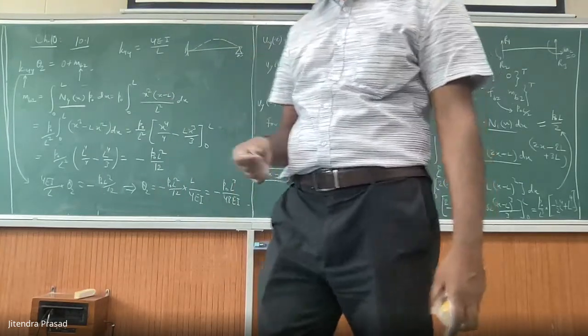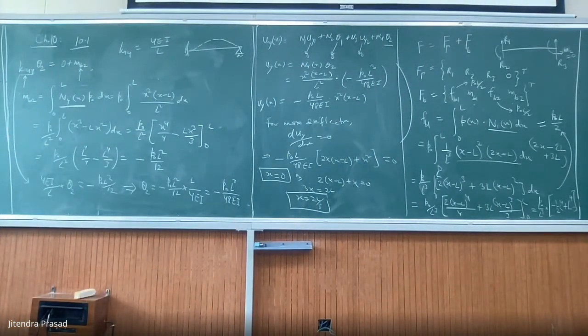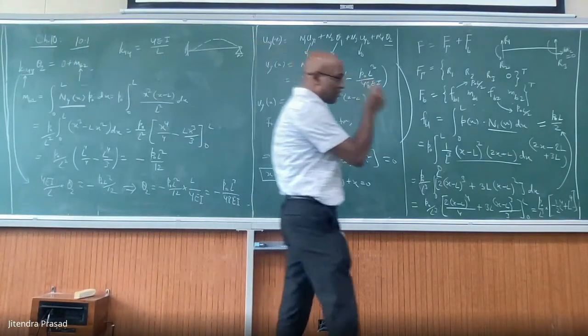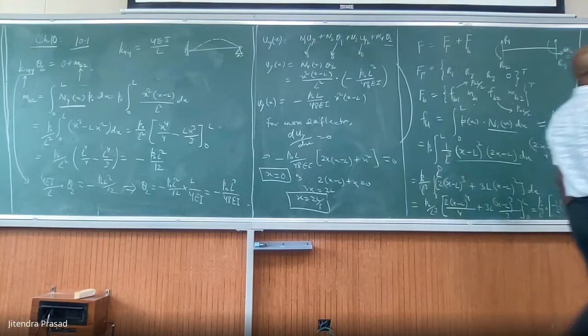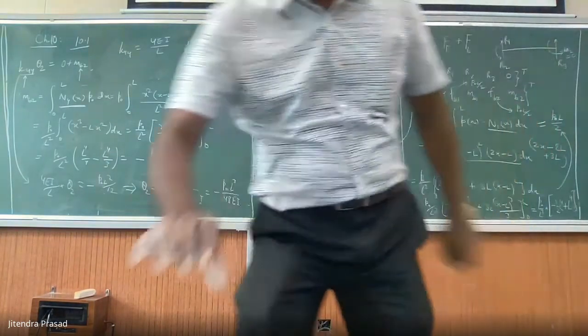Got it? So you also have to apply your mind. Of course, if you start finding each entry of the stiffness matrix, this will take a long time. But if you apply your mind to find exactly what you have to find, it's very fast. Any question now?